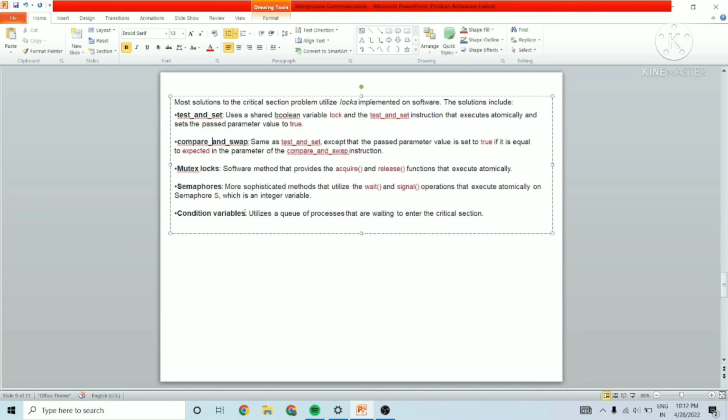Now let us discuss condition variables. They utilize a queue for processes that are waiting to enter the critical section. हमें उस क्यू को यूटिलाइज करना है, रेडी क्यू को, जो प्रोसेसेस वेट कर रहा है इंटर करने के लिए क्रिटिकल सेक्शन में. सो यही है सॉल्यूशन फॉर द क्रिटिकल सेक्शन.